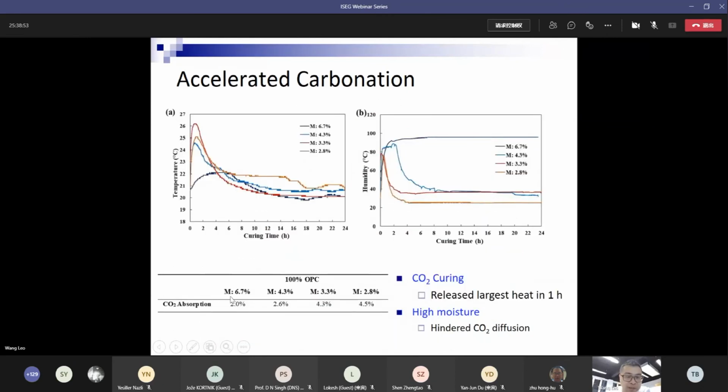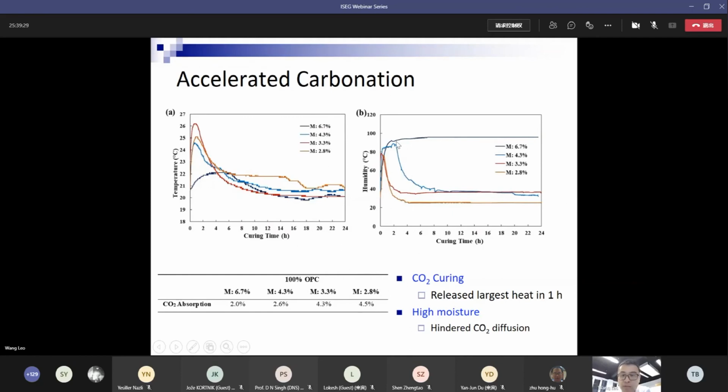So we adjust the moisture content in the mixture, and we also find that with high moisture content, the carbonation is very slow, and if we reduce the moisture content, it will accelerate the carbonation, and usually it will release the largest heat in 1 hour.